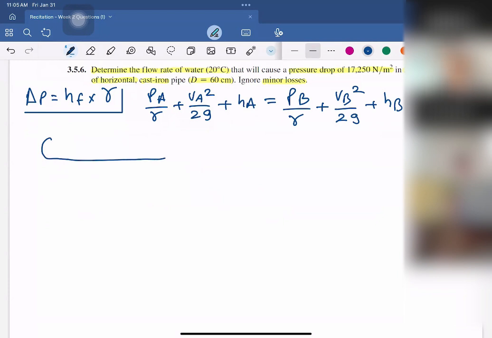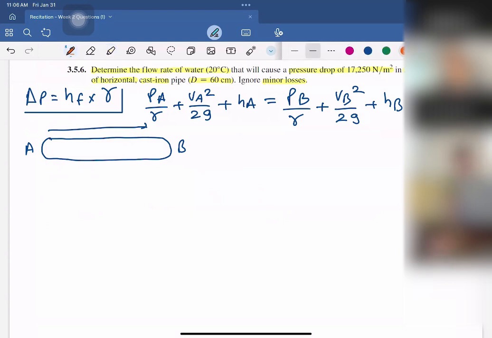We can imagine this something like this. If it is a pipe, this is point A, this is point B, and we consider the movement of water from point A to point B. Therefore, head loss will be on the right hand side here.